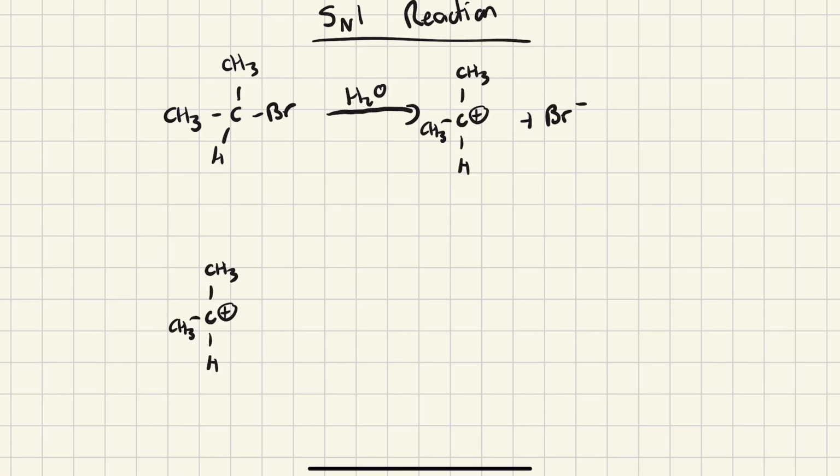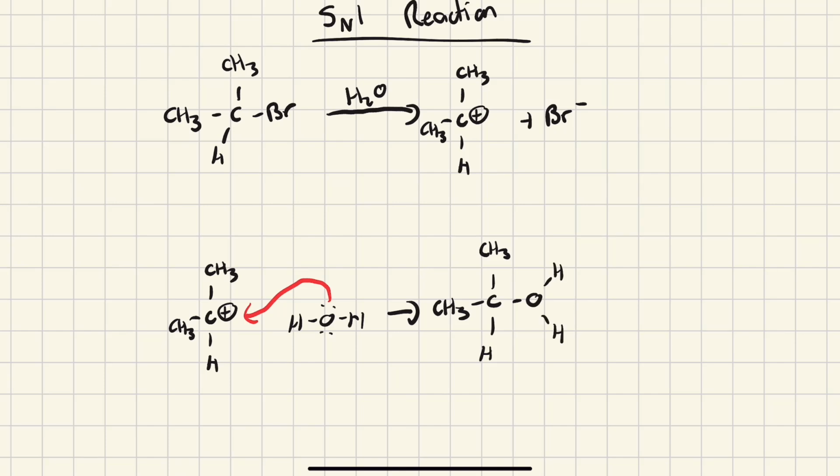And once again, our second step is just the addition of water. So we just have to have an arrow going from the electron-rich area, which is where our lone pairs are, to our electron-poor area, which is our carbocation, and then we just attach them together. So our product is just the attachment of our 2 reactants.